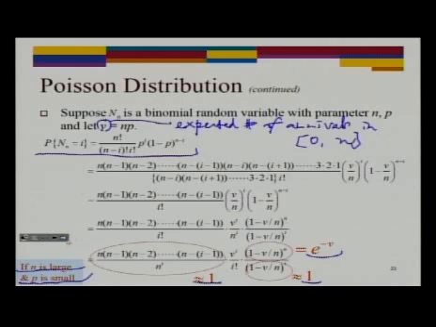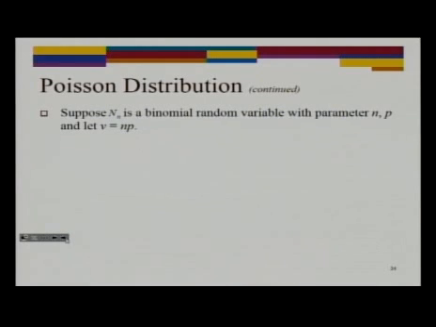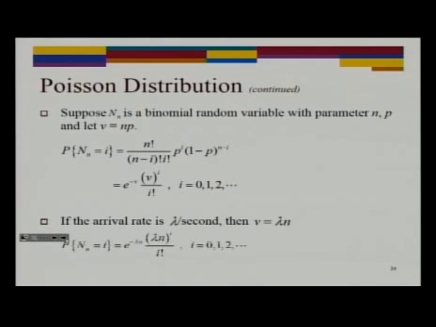As a result, we have come up with this. Okay? And the corresponding probability mass function would be like this. Here, the lambda is the mean rate at which the events occur. So these are exactly the same as the probability mass function of the Poisson distribution.